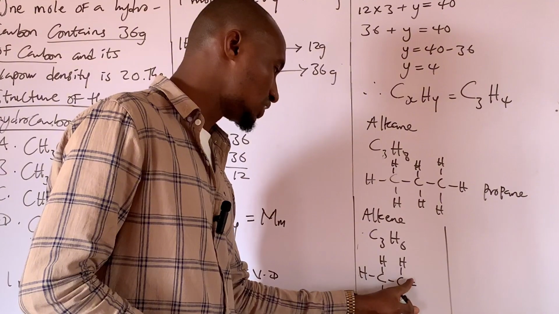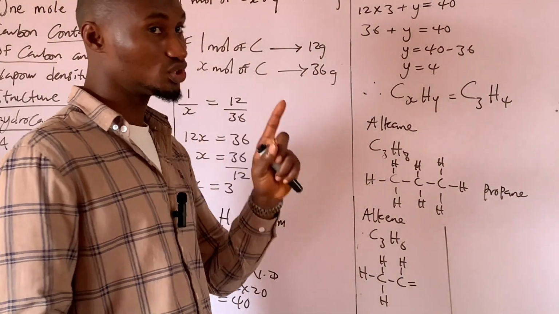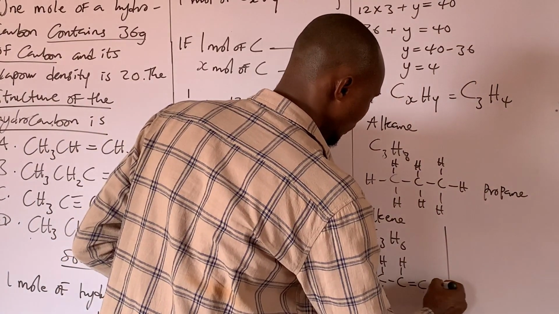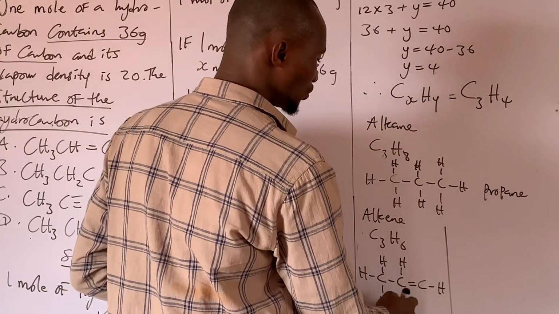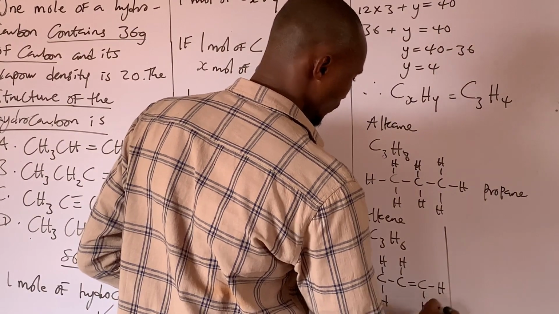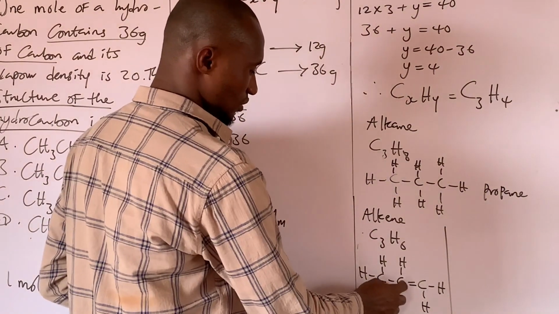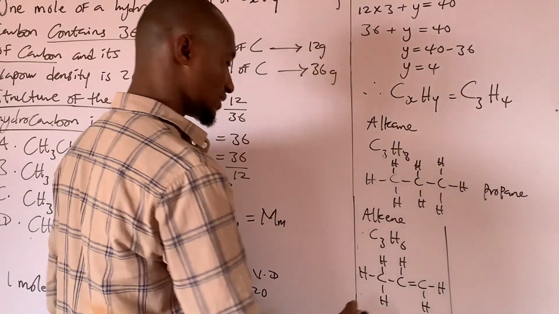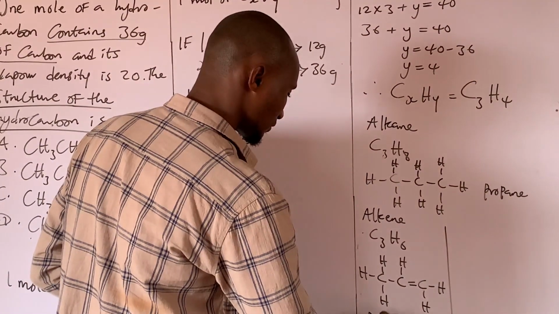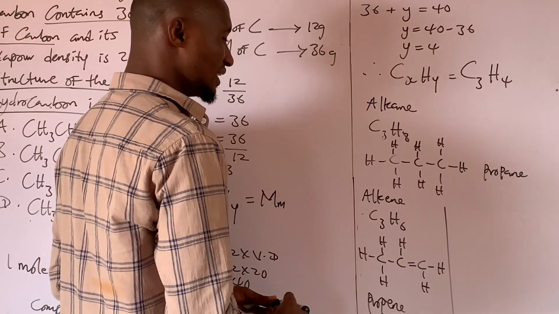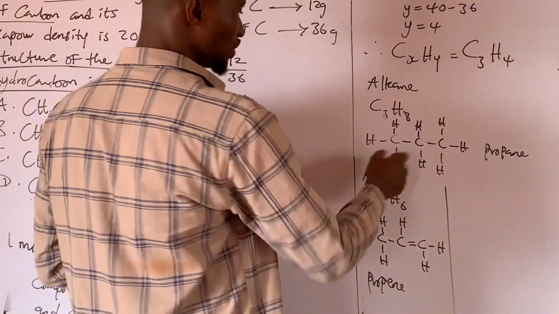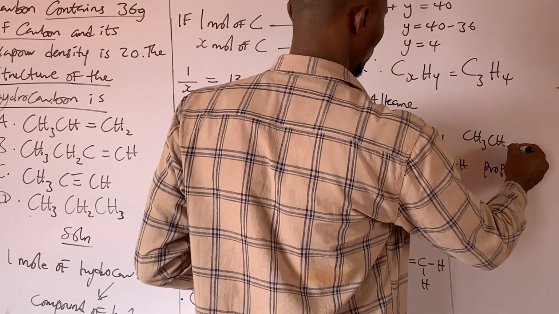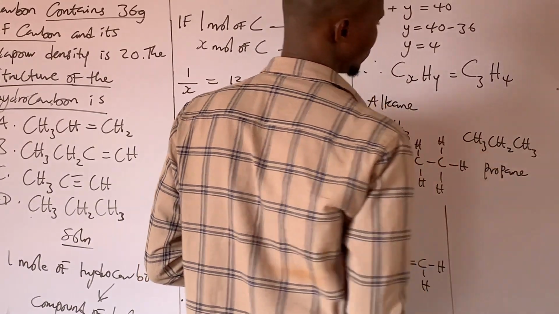Count 1, 2, 3, 4, based on what I taught you on catenation. So C H 1, 2, 3, 4. 1, 2, 3, 4. 1, 2, 3, 4. This is propene. The condensed form of this one is CH3, CH2, CH3.